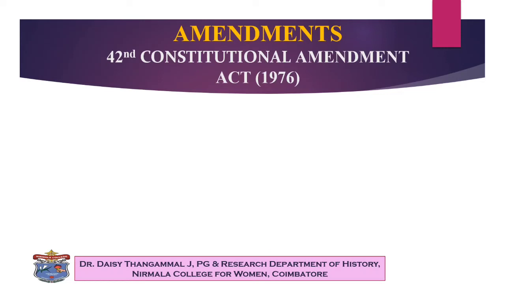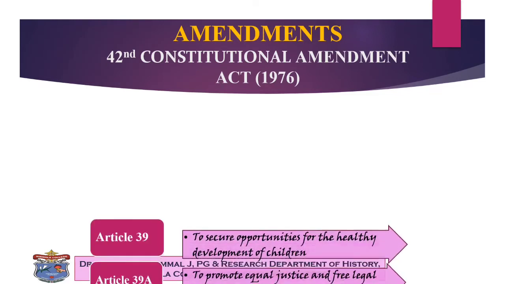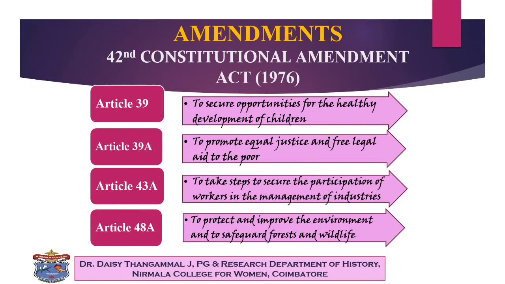Amendments in the Directive Principles of State Policy. New Directive Principles of State Policy were added by the 42nd Constitutional Amendment through the 1976 Act. So to the existing ones, new ones were added and one more was amended. According to Article 39, to secure opportunities for a healthy development of children.